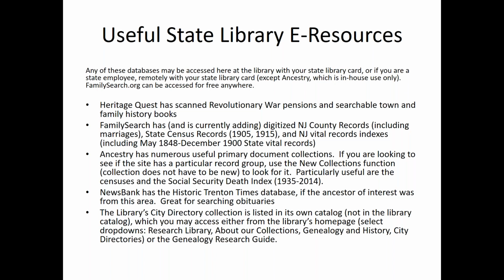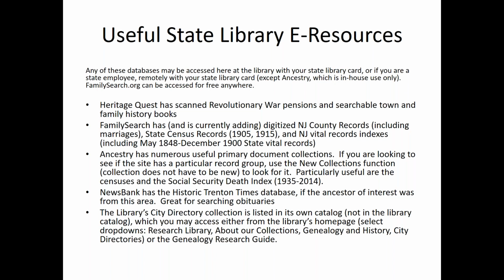Ancestry, of course, has numerous digitized primary documents collections. I do not like using the basic search on Ancestry. I like using the card catalog and searching particular individual collections.